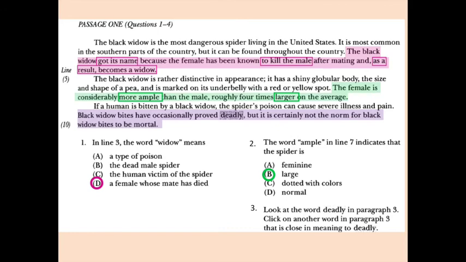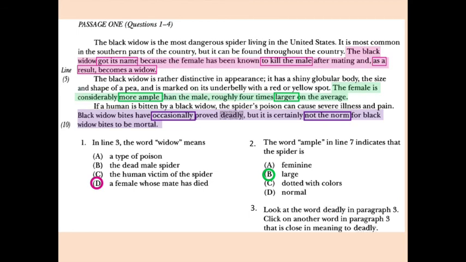So deadly here is used to describe black widow bites. It says that occasionally they are deadly. Occasionally means only sometimes. Later, it says that it is not the norm. That's a synonym for occasionally, for black widow bites to be mortal.